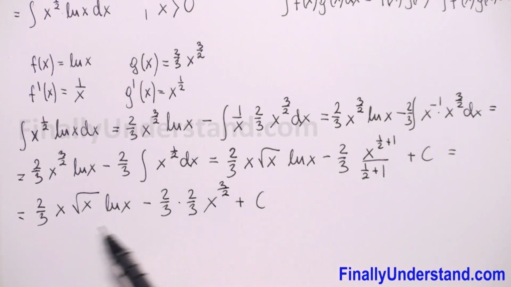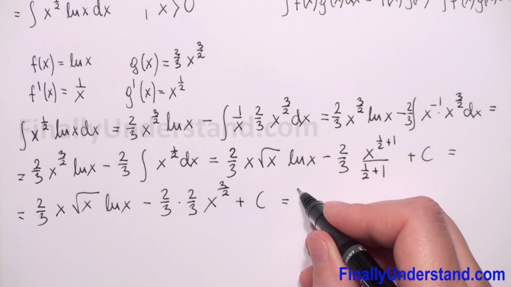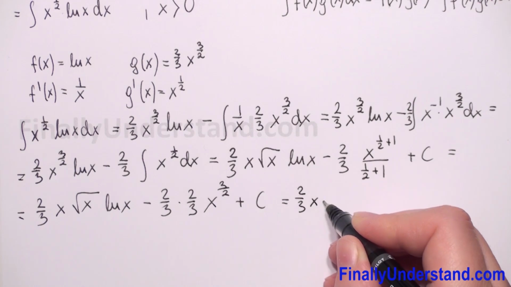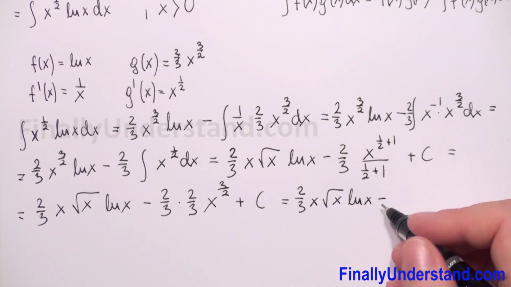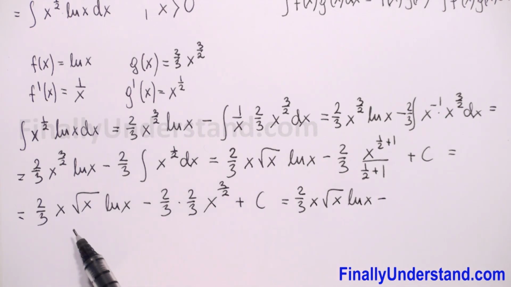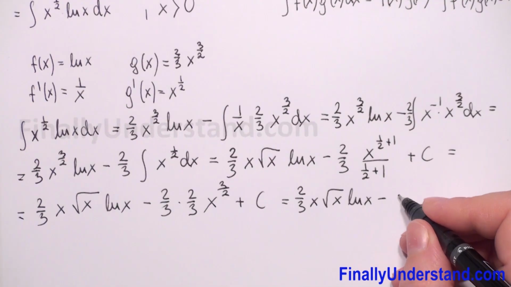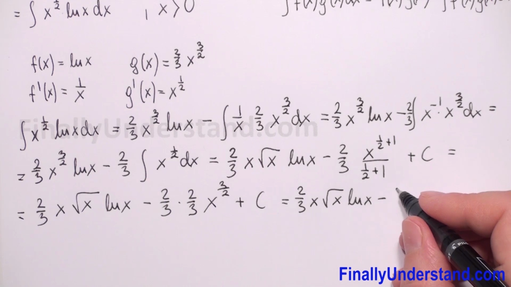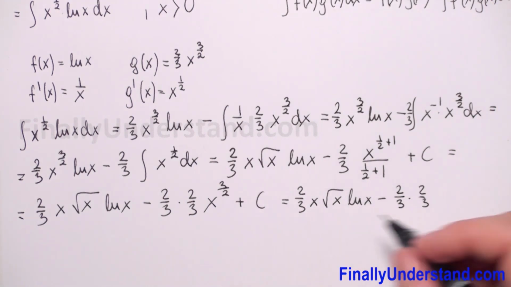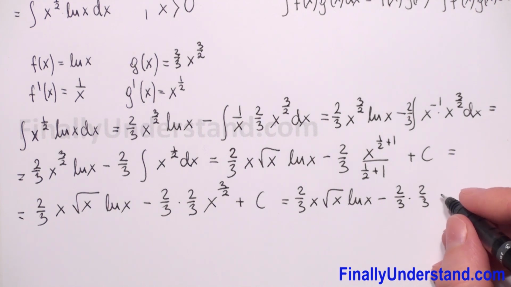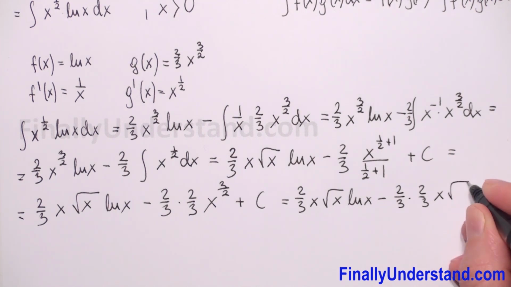Now what we can do, we will change x to the power 3/2 to x times square root of x, and we can factorize. Let me do it step by step. So first I will copy one more time 2/3 x times square root of x, natural logarithm of x minus, and because we have 2/3 at the beginning, I will not do the multiplication, so it will be 2/3 times 2/3, and x to the power 3/2 will be x times square root of x plus constant c.